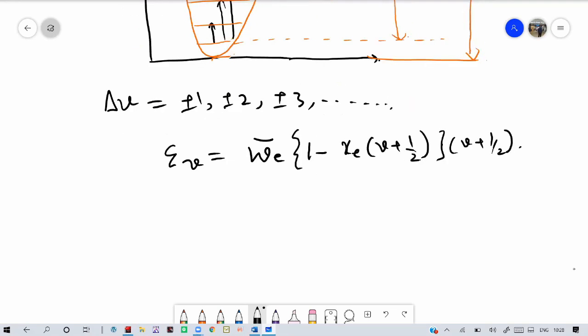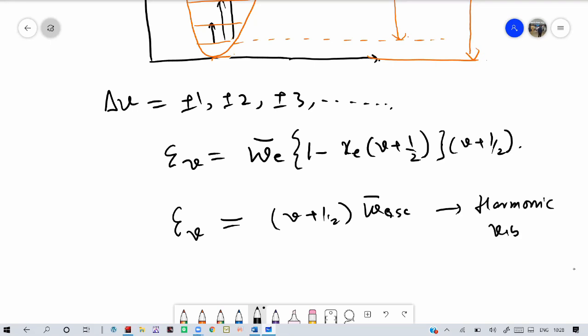So let me do it. You remember that E nu for the harmonic oscillator is nu plus 1 by 2 omega oscillation. This is the previous case for harmonic vibrations.